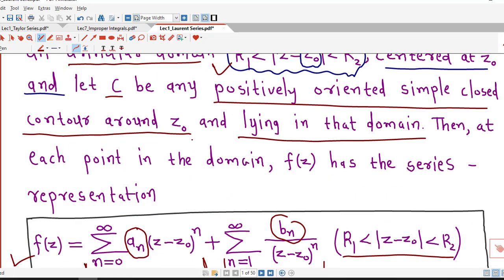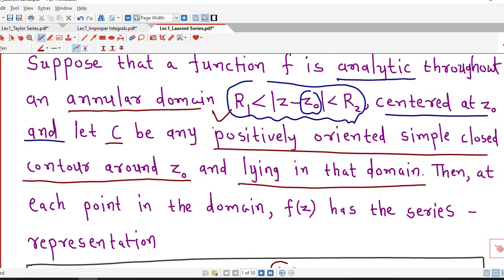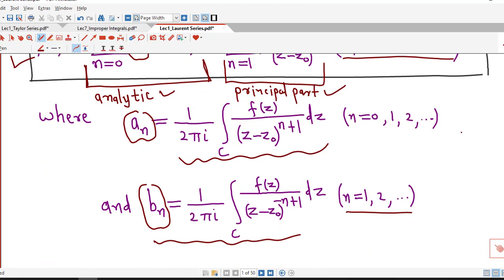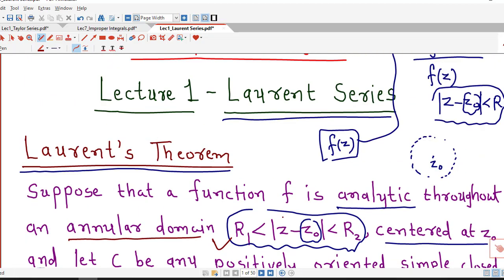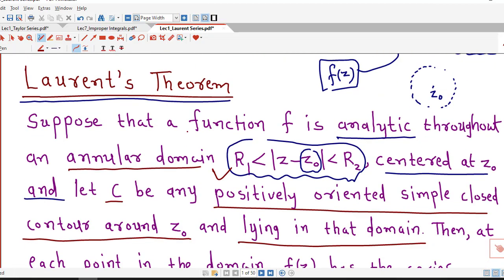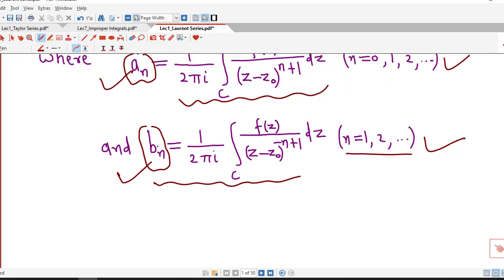But in our lecture series on this topic, Laurent series, we are not going to evaluate coefficients by these formulas. I am just explaining these to explain Laurent's theorem, but we will use these formulas later when we discuss singularities and types of singularities.